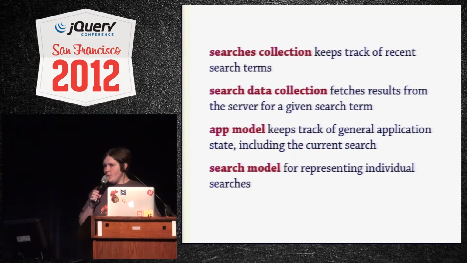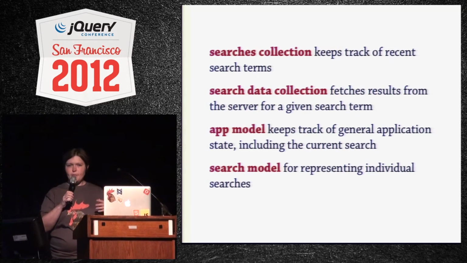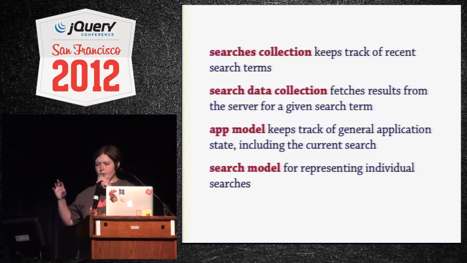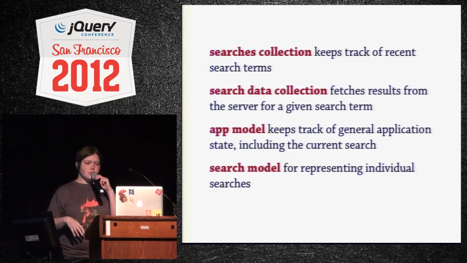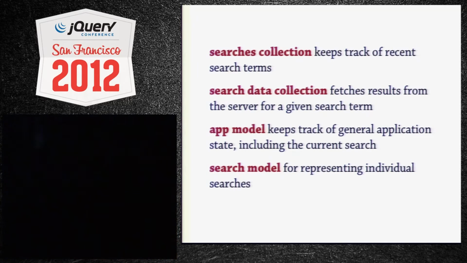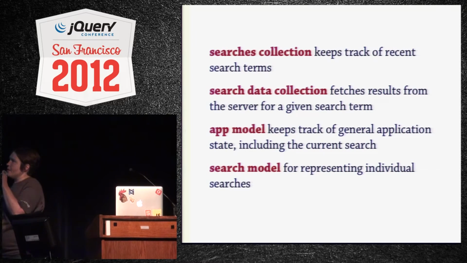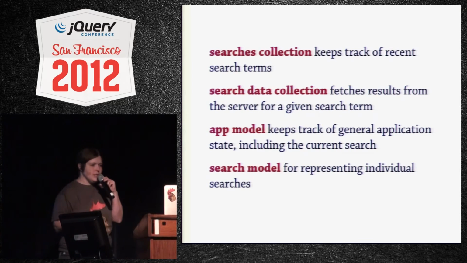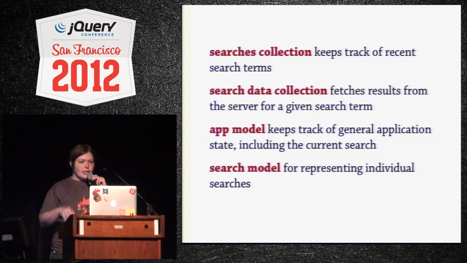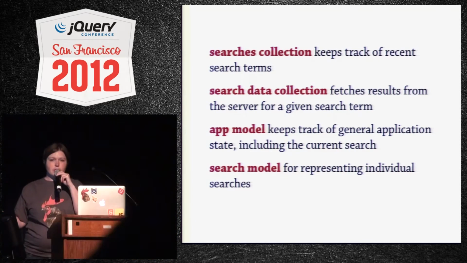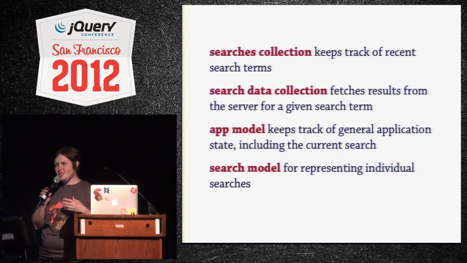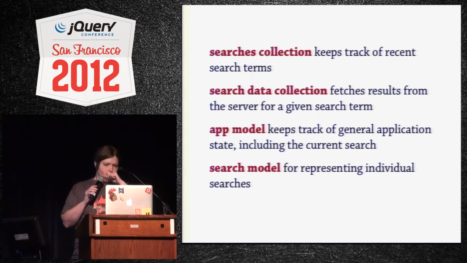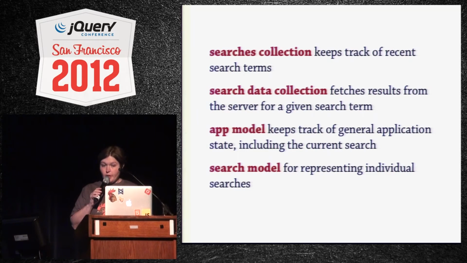It keeps track of what the recent searches have been, so every time someone searches for something, we'll add a new search term to that. Number 2, the search results collection. I've named that terribly. It actually goes and gets the search results from the server. We have an app model that keeps track of general application state, including the current search.